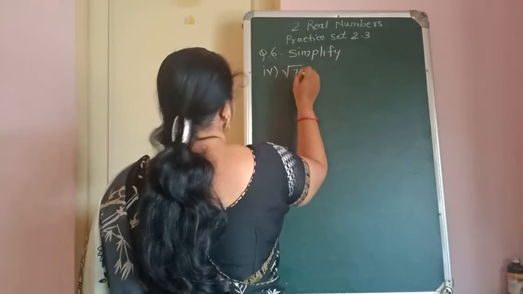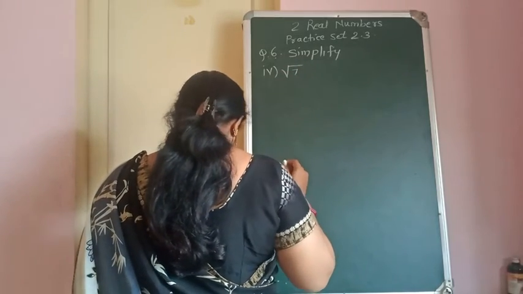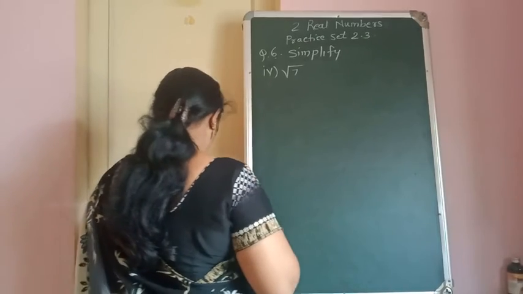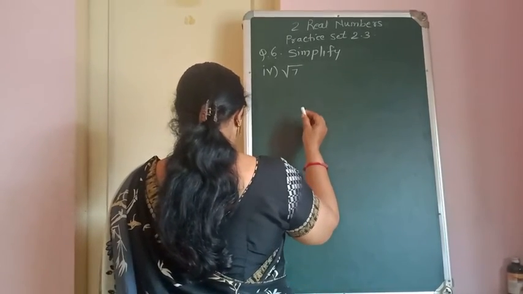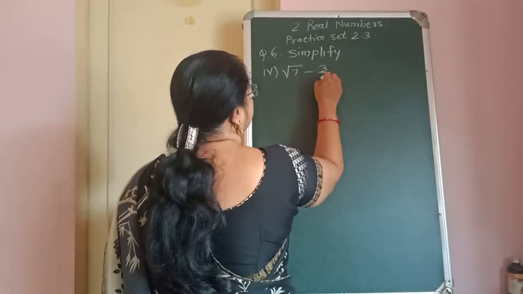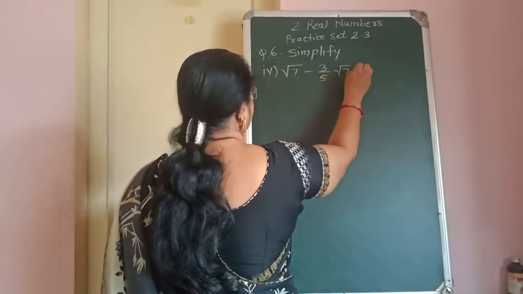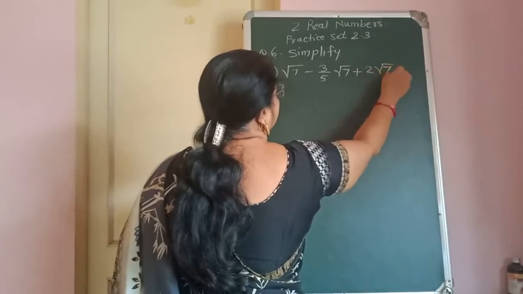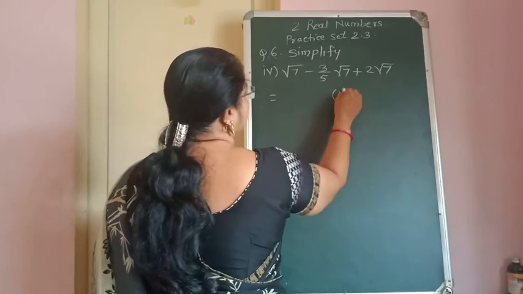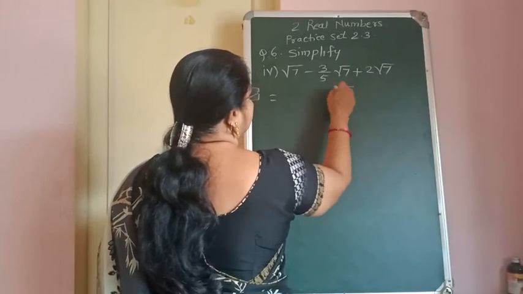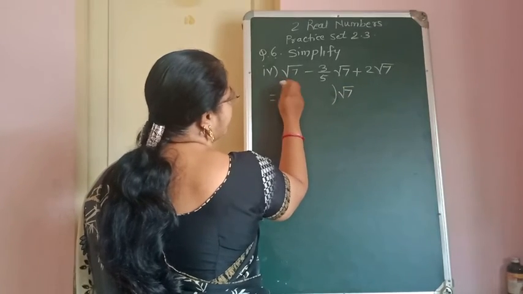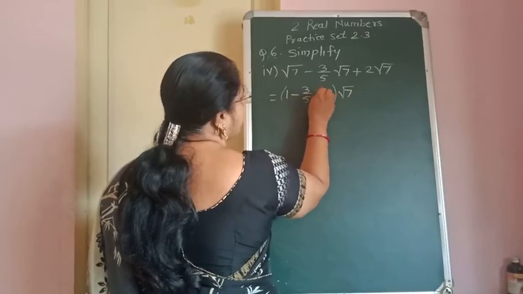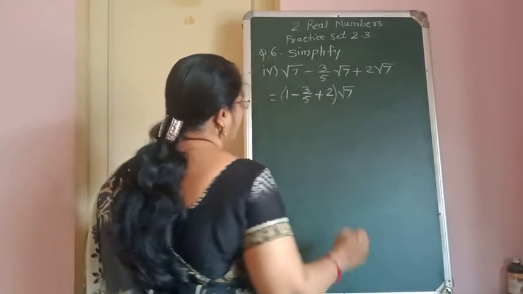Root 7 plus, minus 3/5 root 7 plus 2 root 7. So I can write this root 7 outside the bracket, and inside the bracket what remains here? 1 minus this 3/5 plus this 2.